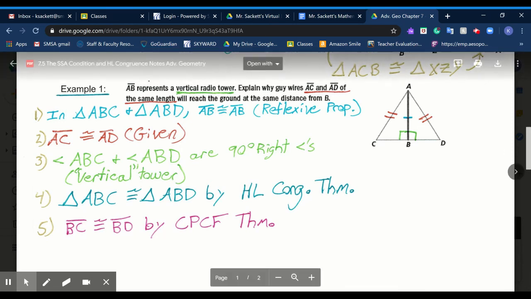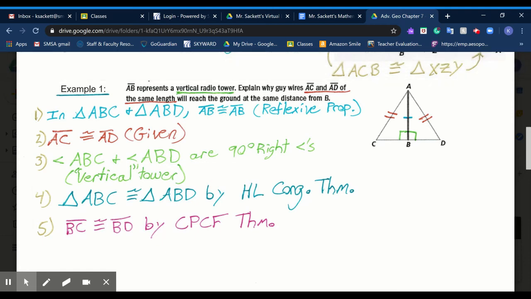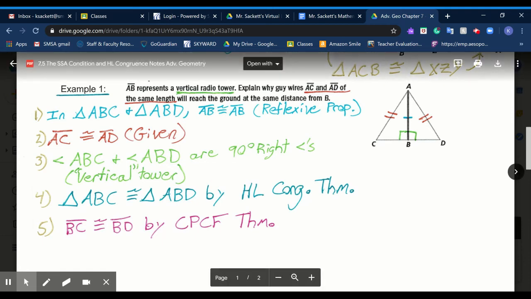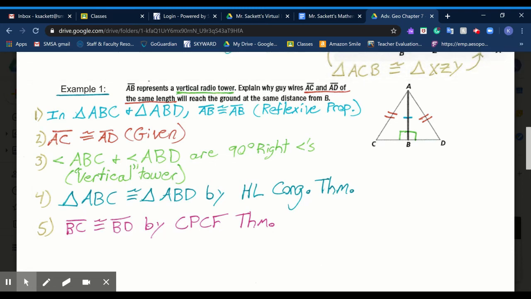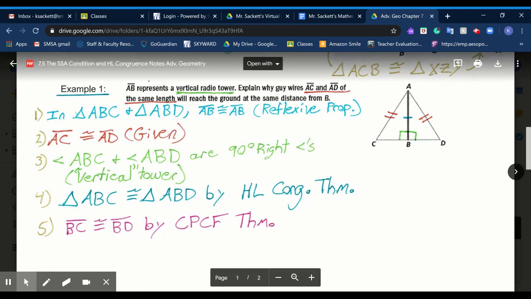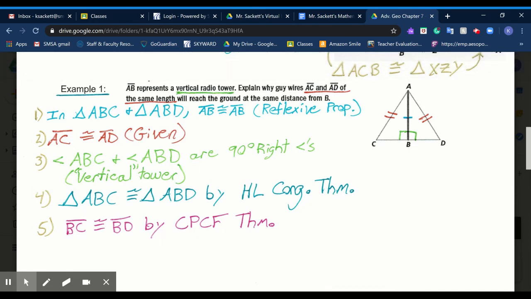And then we knew angles ABC and ABD are 90-degree right angles because of that term vertical when describing the tower. Now I could say triangle ABC is congruent to triangle ABD by the hypotenuse leg congruence theorem.